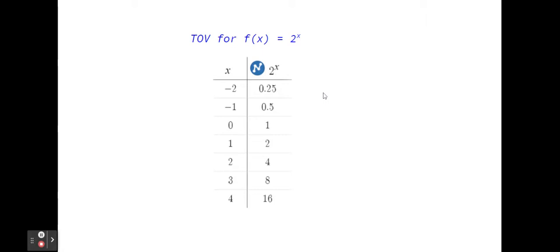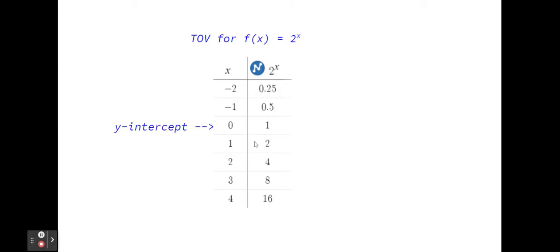Now let's take a look at what a table of values would look like. Here we have values for x from negative 2 to 4, and we can see what happens when we take 2 to the exponent of x. For example, at 0, we have 2 exponent 0, which is 1.